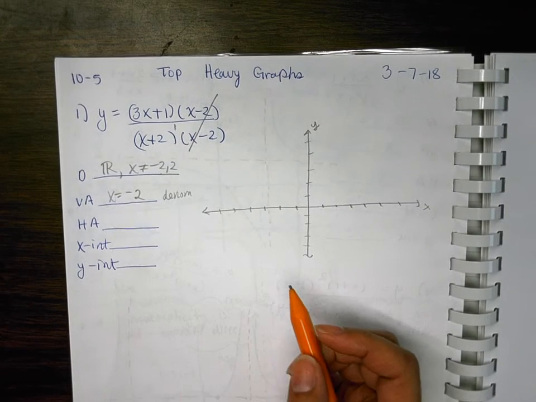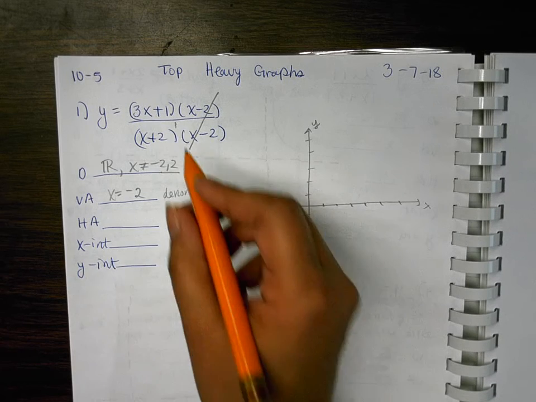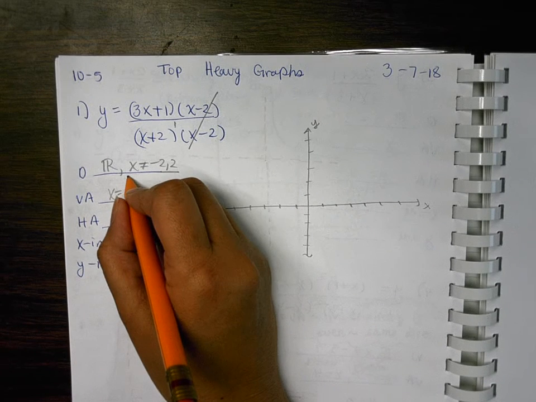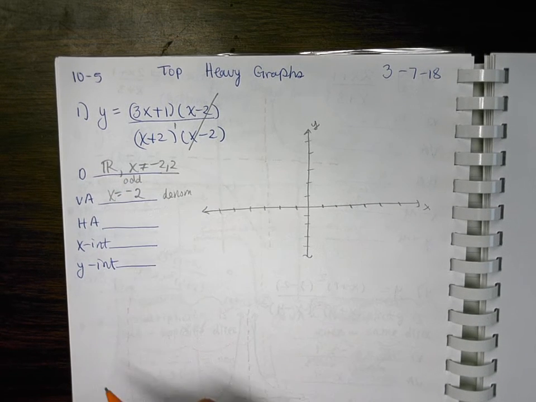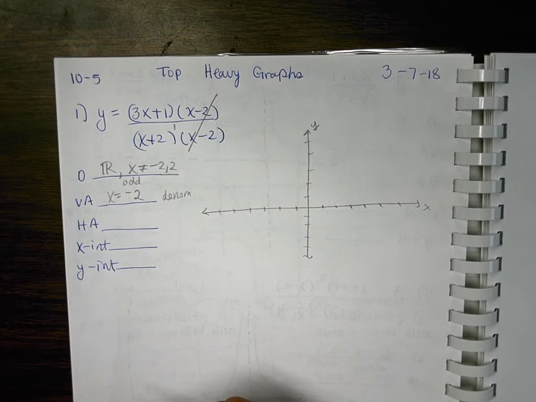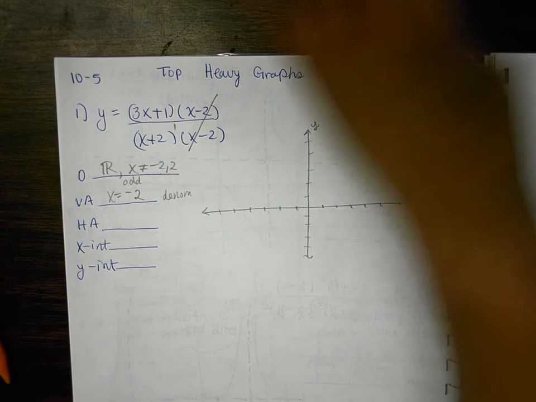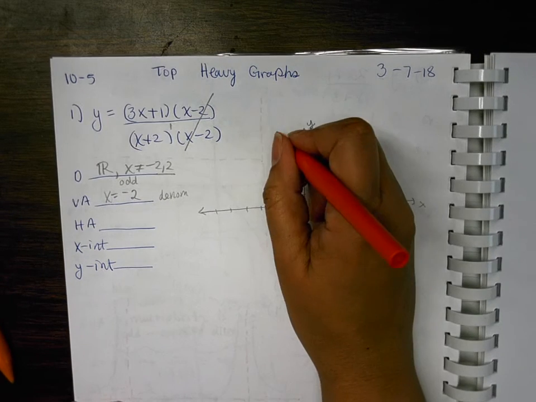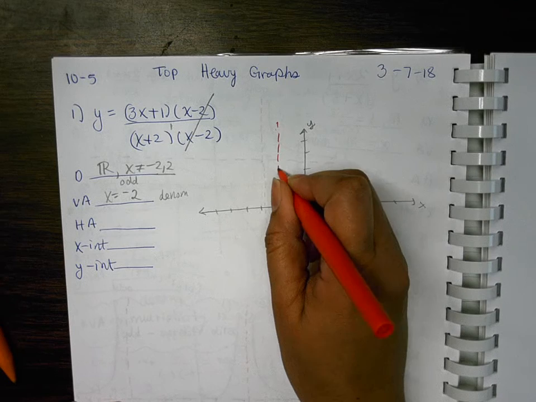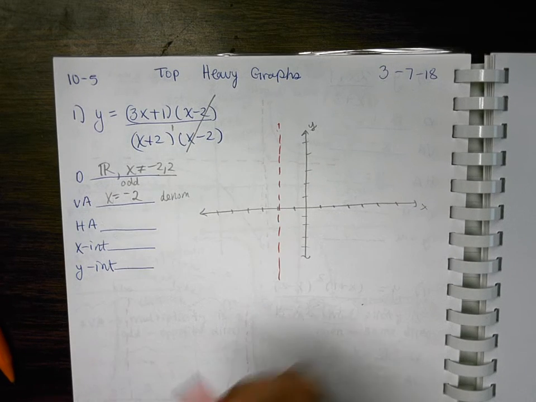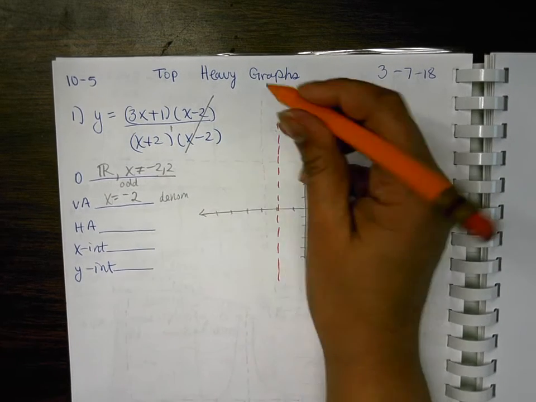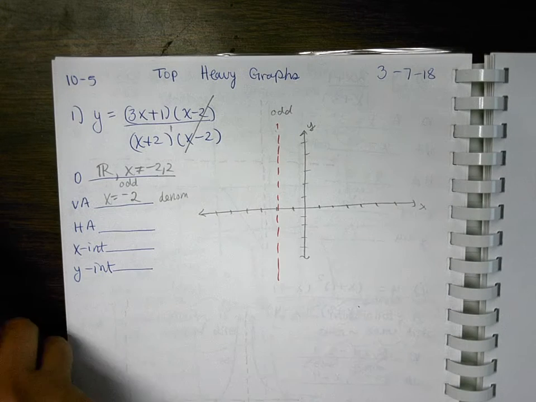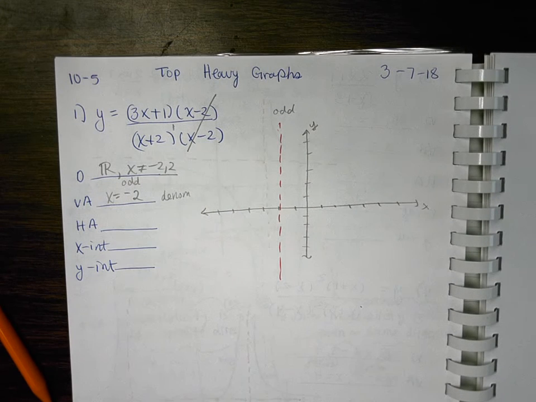What's the multiplicity? 1. So it is odd. Yes or no? Okay. So I go over -2, and label it odd at the top so I can remember when I'm graphing. That means opposite or same direction? Opposite. Okay.